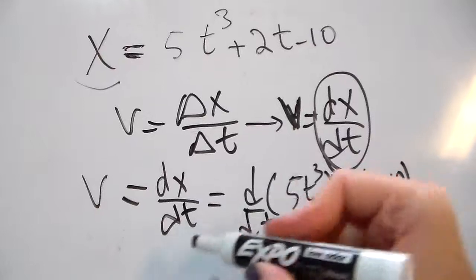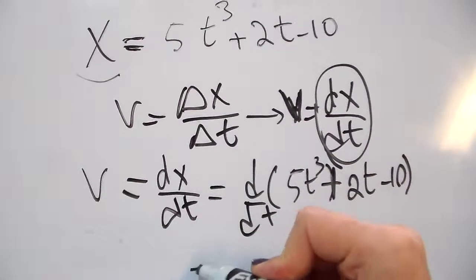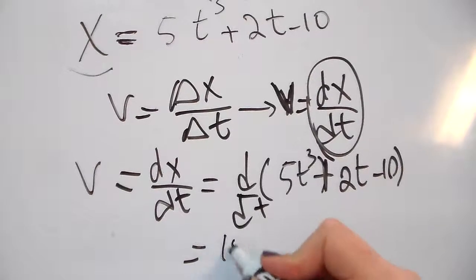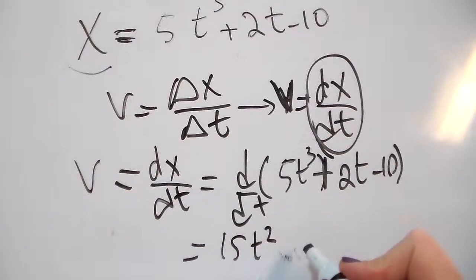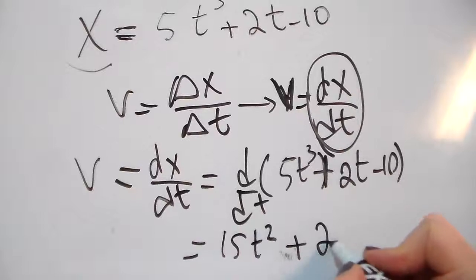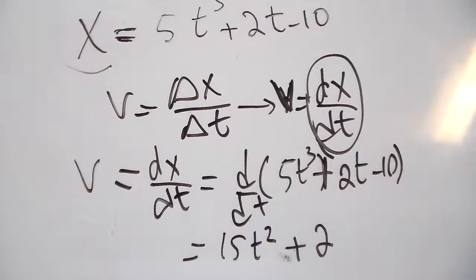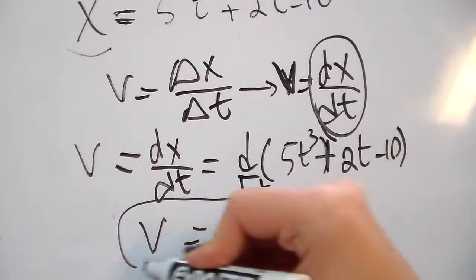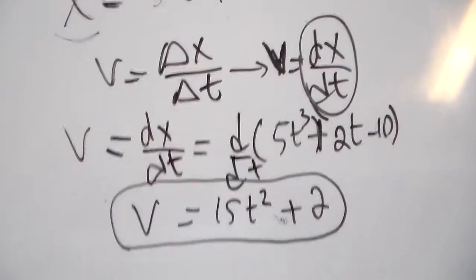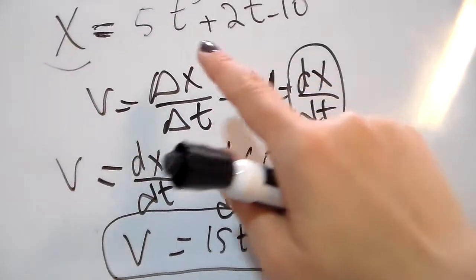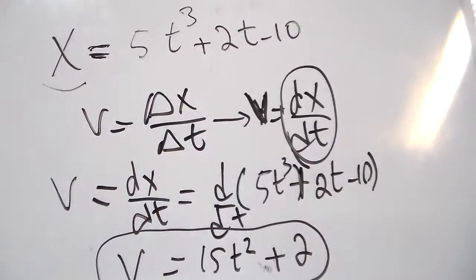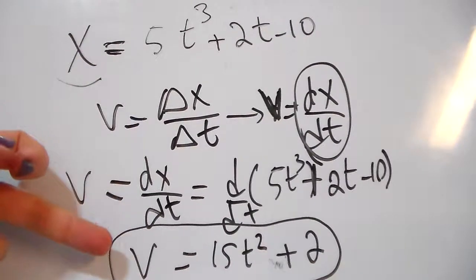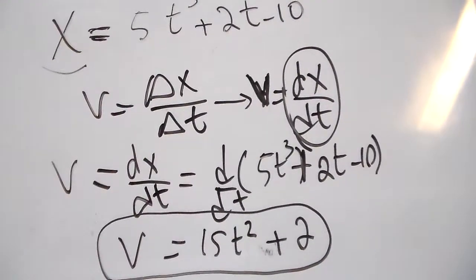The derivative of 5t^3 is 15t^2, plus 2, and then minus 10 is just a constant, so that doesn't survive the derivative. So the velocity of the object whose equation of motion is given like so is 15t^2 plus 2.